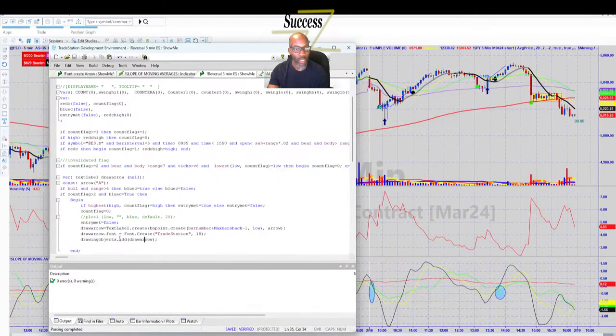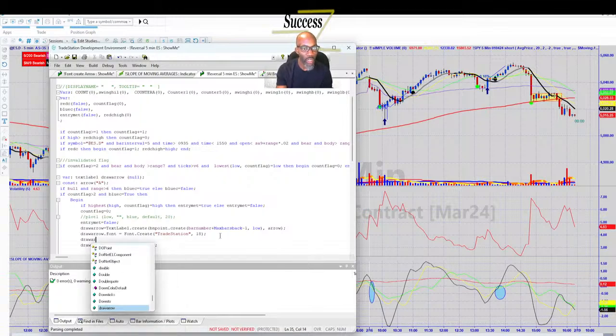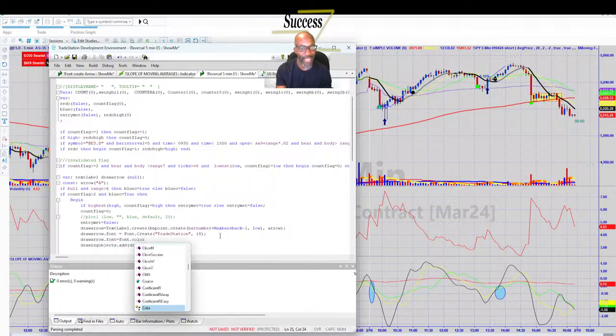Okay, good deal. The only other thing I might want to do is, instead of having a blue one, I might want it to be a different color. Draw arrow dot font equals font color, and I want it to be like a light blue. Can I do black from here, or do I have to put in parentheses?